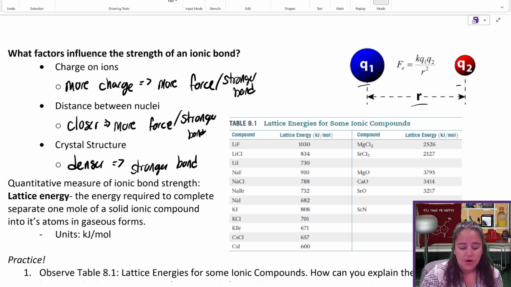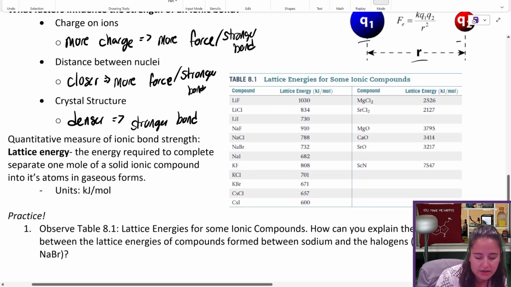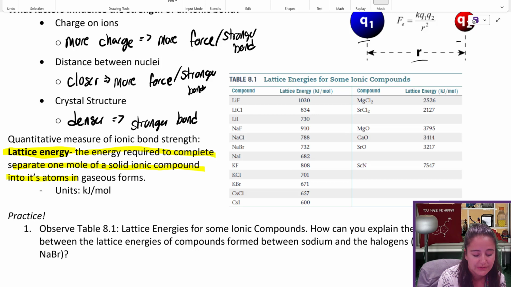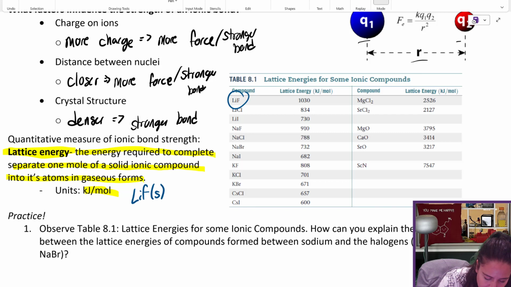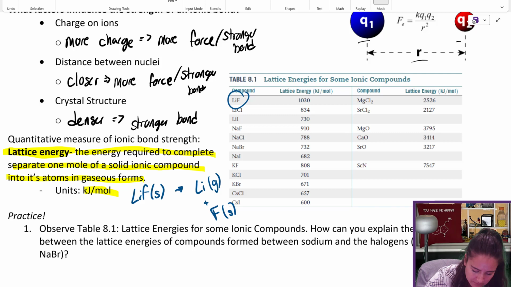So the quantitative measure of ionic bond strength is called lattice energy, which is the energy required to completely separate 1 mole of the solid ionic compound into its atoms in gaseous form. So if we have this compound LiF solid, its lattice energy would be the energy needed to take that LiF and split it into an Li gas atom and a fluorine gas atom.